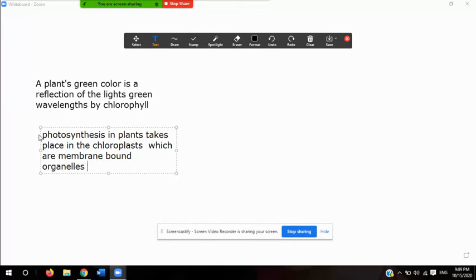It says most of the chloroplasts are in the leaf. So that's also important to know.